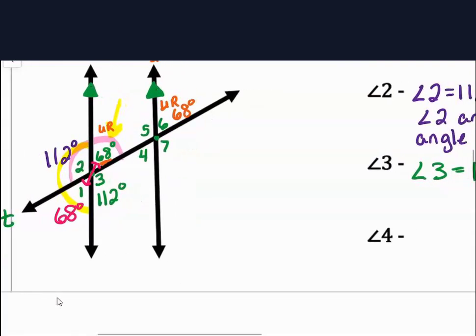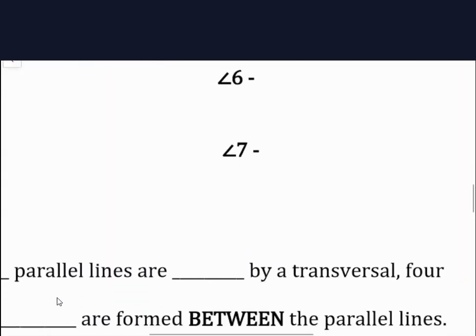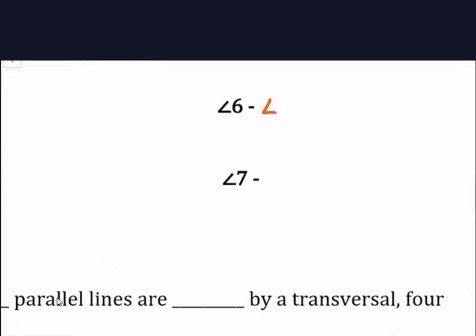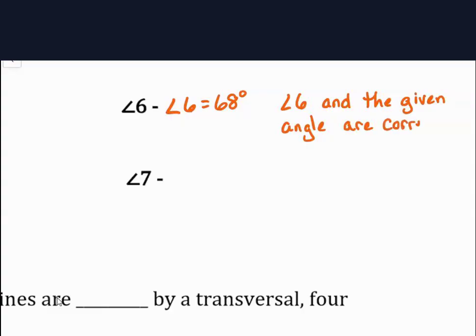Or did I know? Oh, I jumped to 6, that's okay. Angle 6 is 68 degrees because angle 6 and the given angle are corresponding.